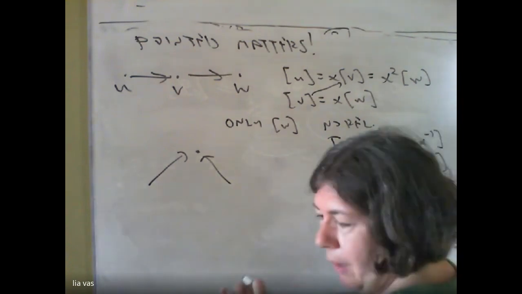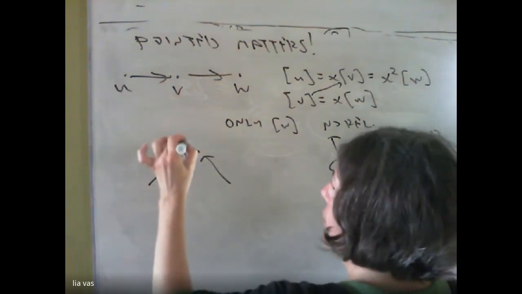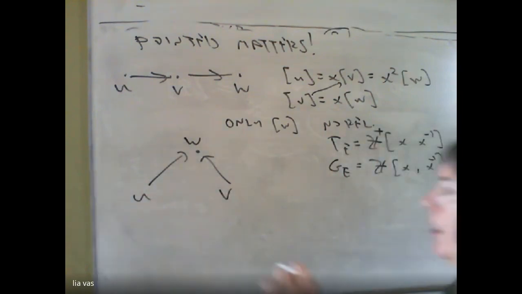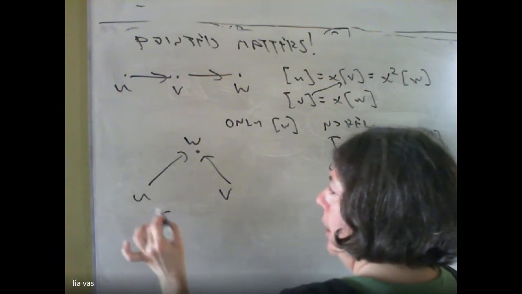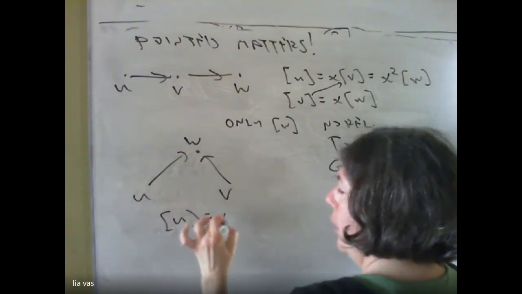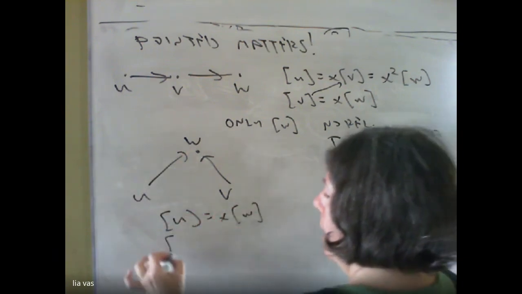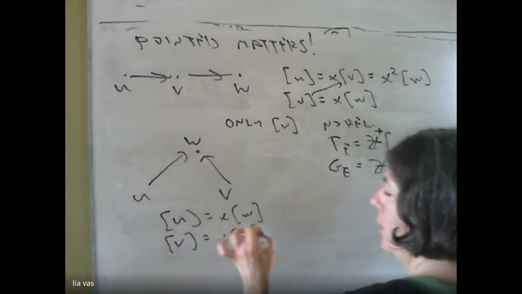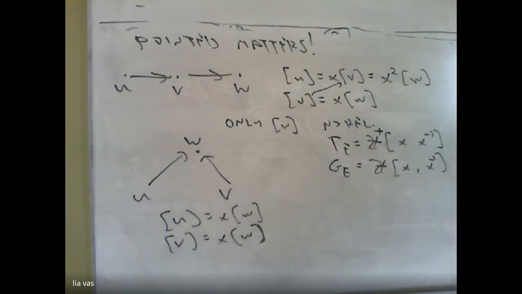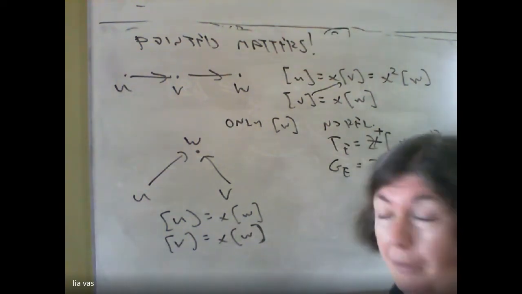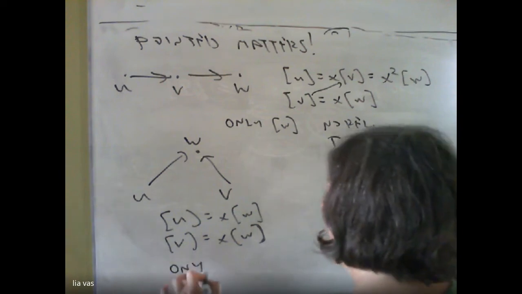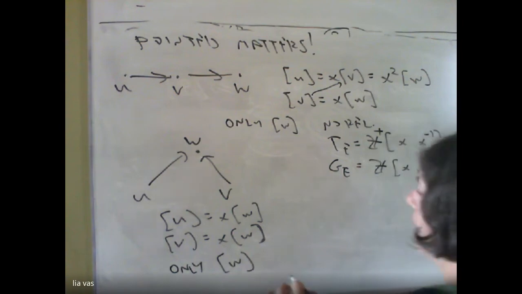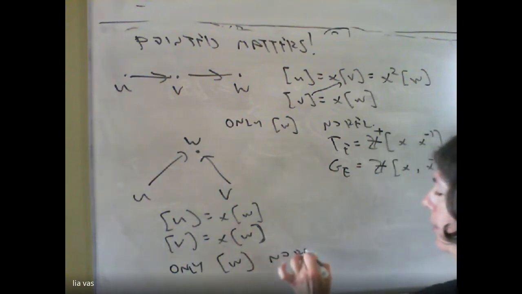Now, if you do the same exact thing in here, let's call this W and this U and V. So here your relations would be, there is one edge from U to W, right? And there is one edge from V to W. So again, you can eliminate U and V because you can express them in terms of W. So the only generator is W, and there are no relations, right?